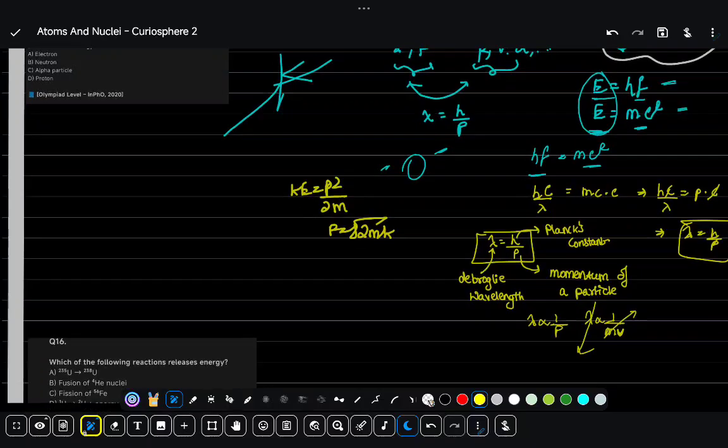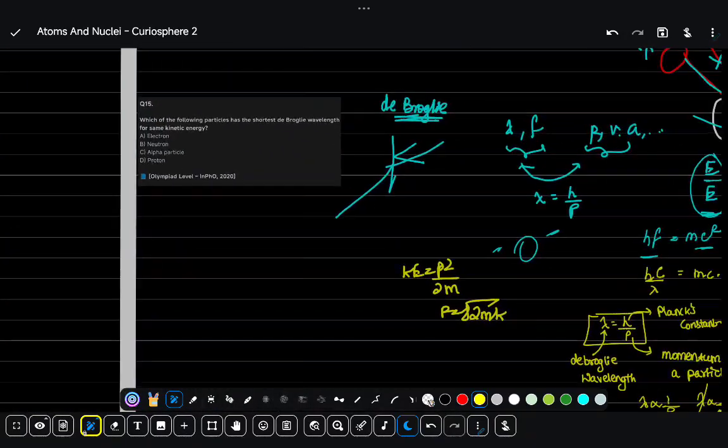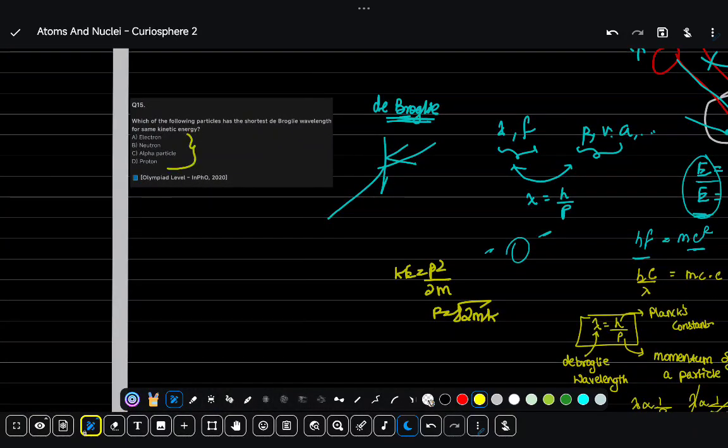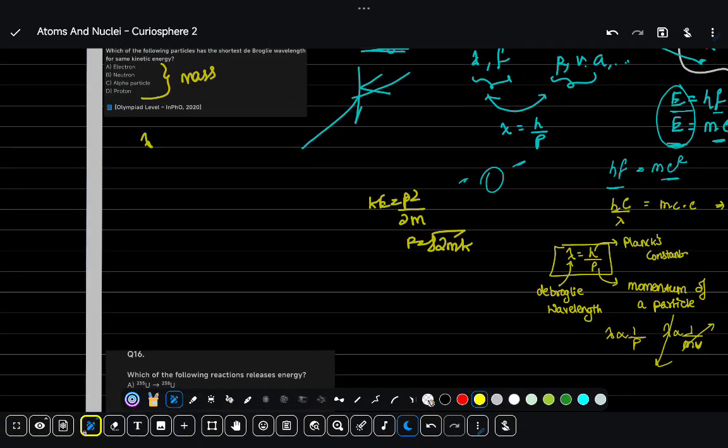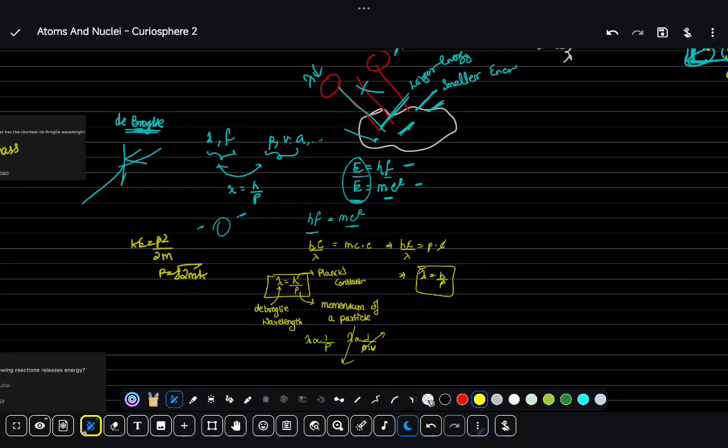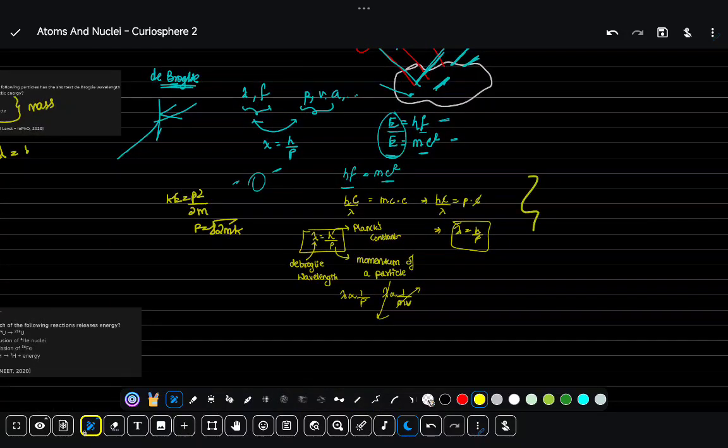And now we use this because in this question they have given four particles and we know only the relation between their masses. We don't know their kinetic energy or momentum, right? So we are using lambda is equal to h by p. Actually, this concept is the de Broglie wavelength concept.